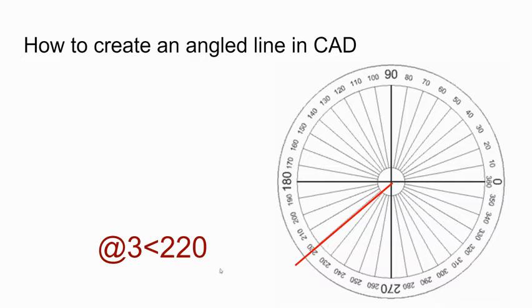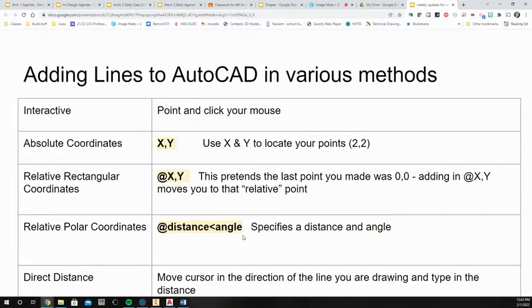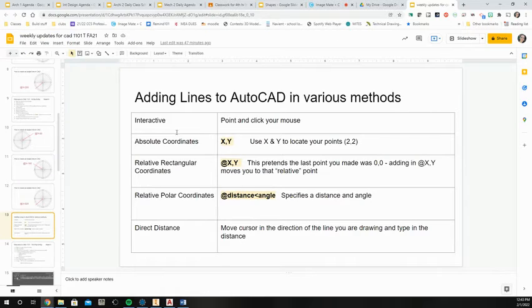And then same thing if we had an angle coming down over here off of the lower quadrant. So this one is pointing at the angle of 220. This might be helpful for you. Again, pointing and clicking your mouse is easy to do, but right here, this relative polar coordinates, this is the best thing that you can be doing in order to create that angled line.